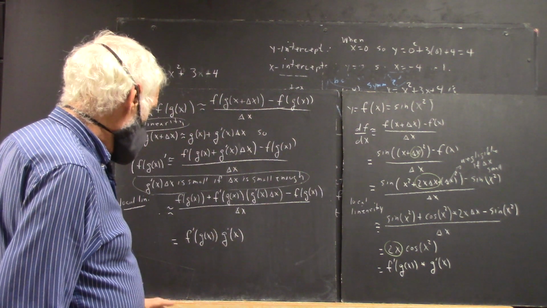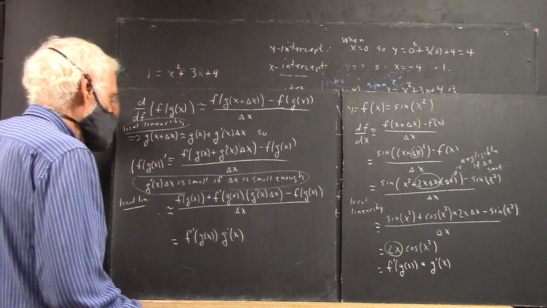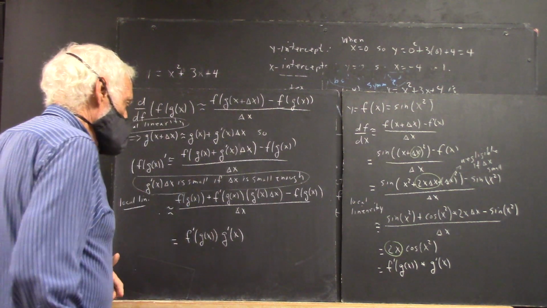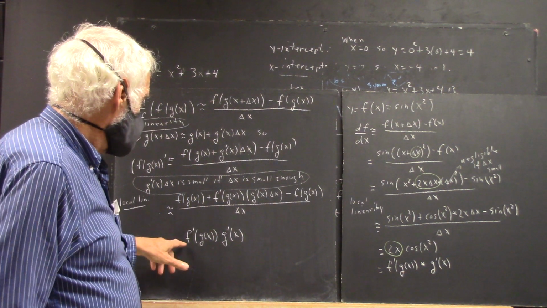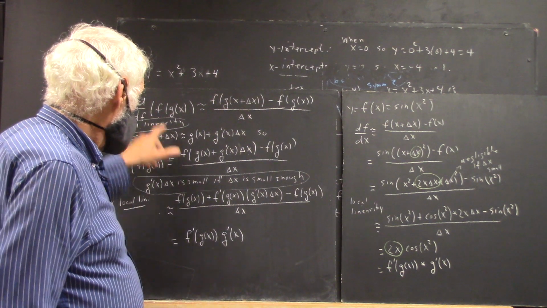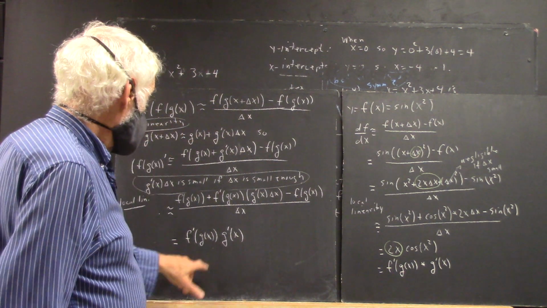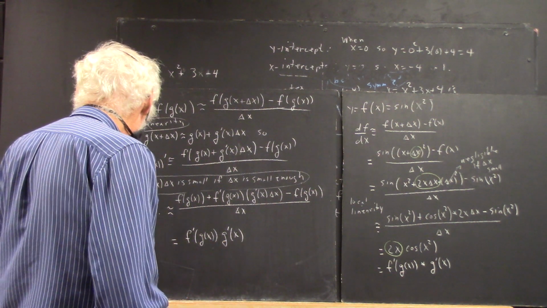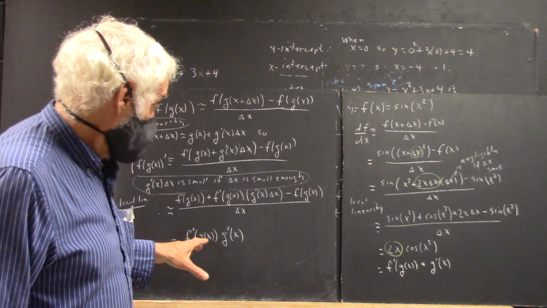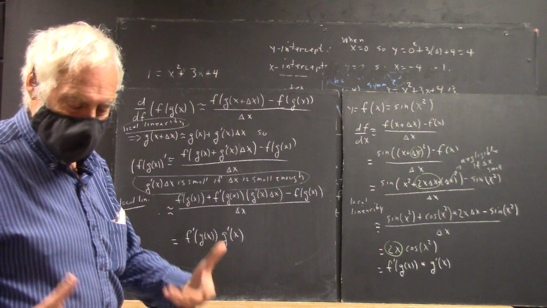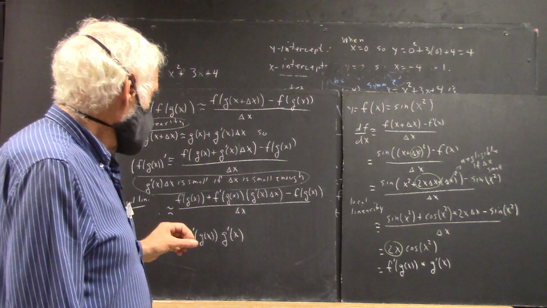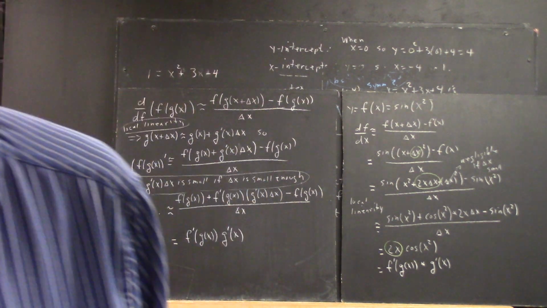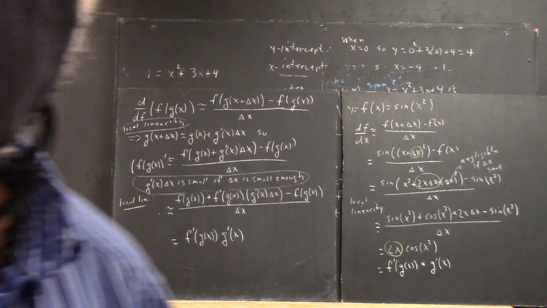And the rate of change of the f of g of x function is just a product of those two rates of change. Okay. Hopefully, this makes the whole idea of the chain rule a little bit more intuitive. There are other things we can do, magnification models and so forth, and we might do those.